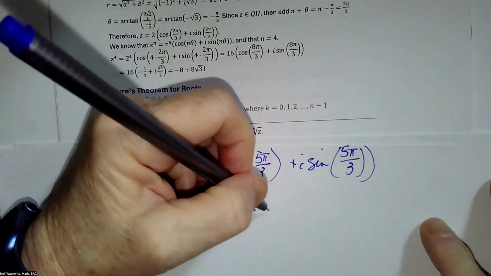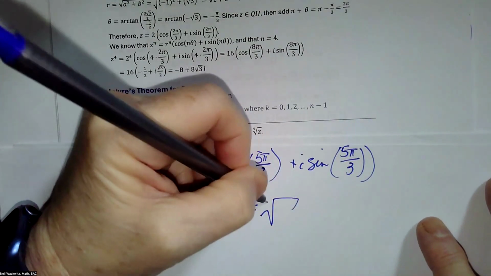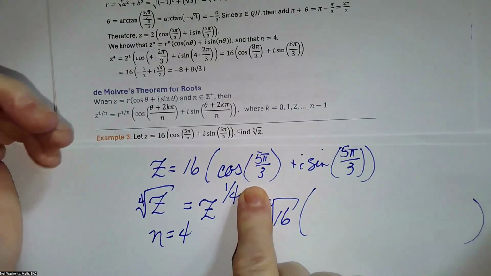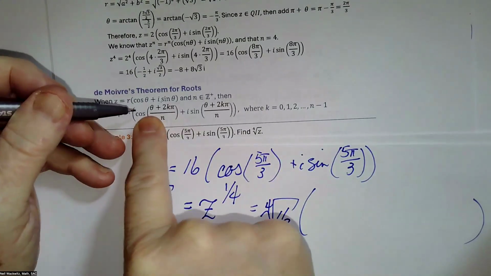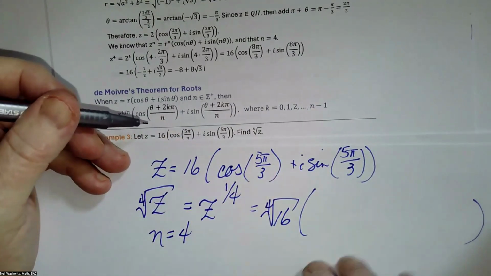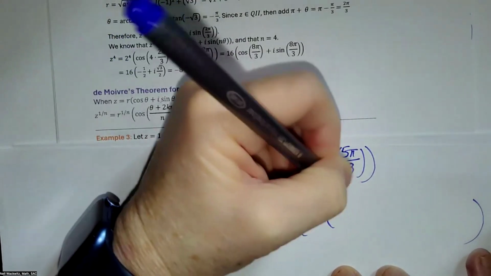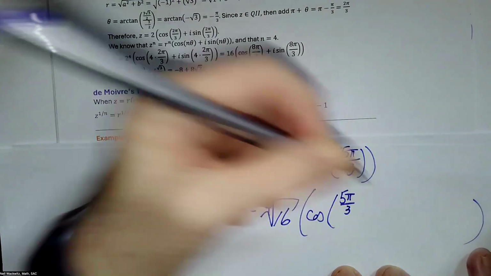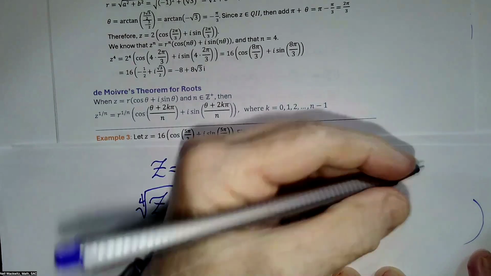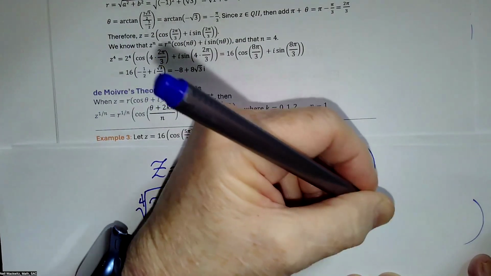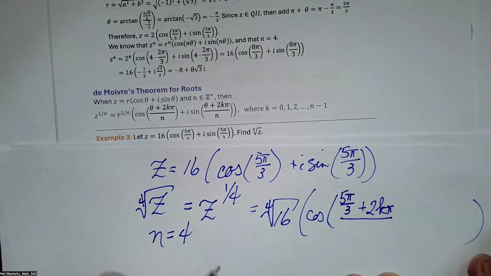So we need the fourth root of 16. And then theta is 5 pi over 3 plus 2k pi all over n.